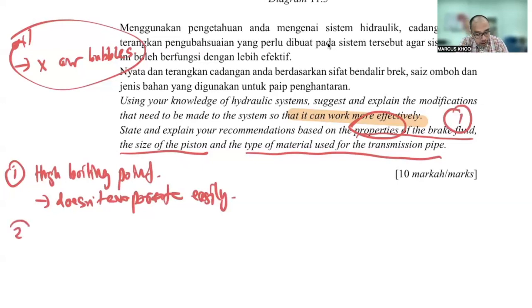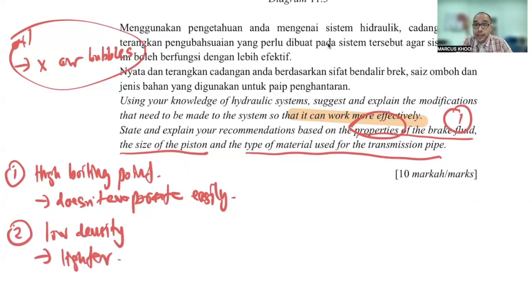Another thing that the brake fluid should have is low density, kind of like oil. Low density usually means lighter. Although I'm not really sure what the difference with water is, generally low density liquids are lighter.